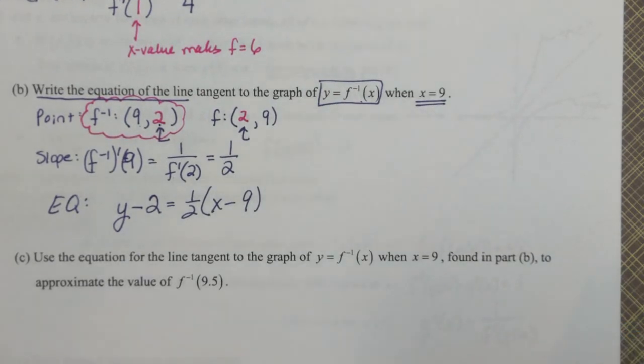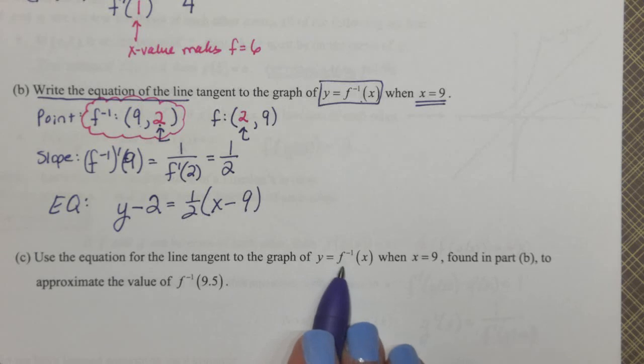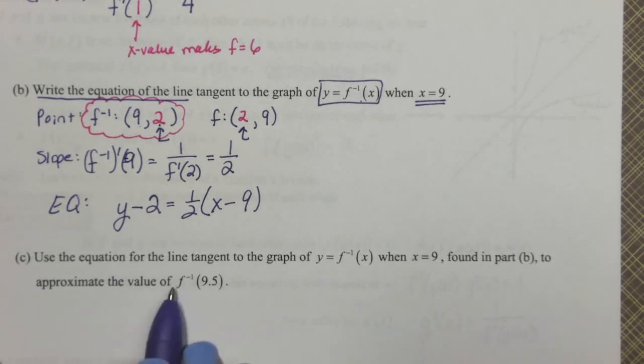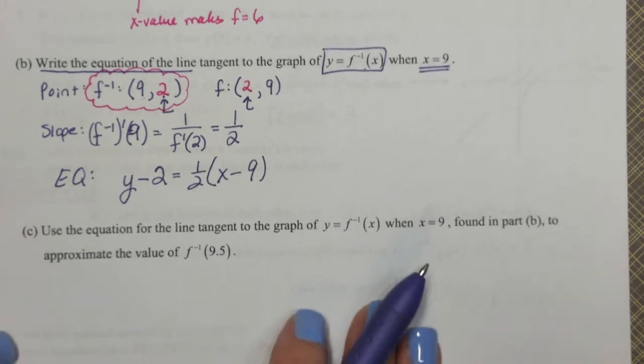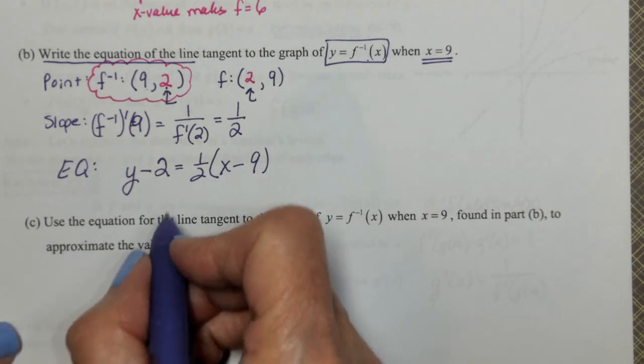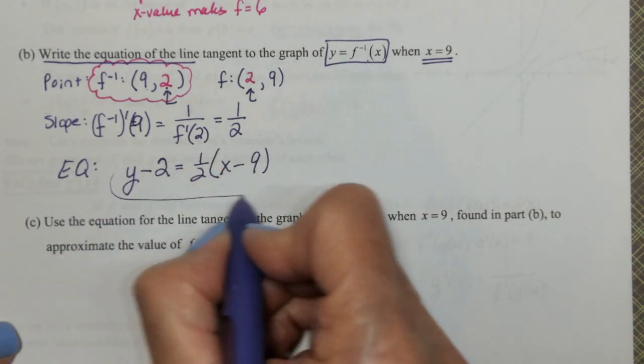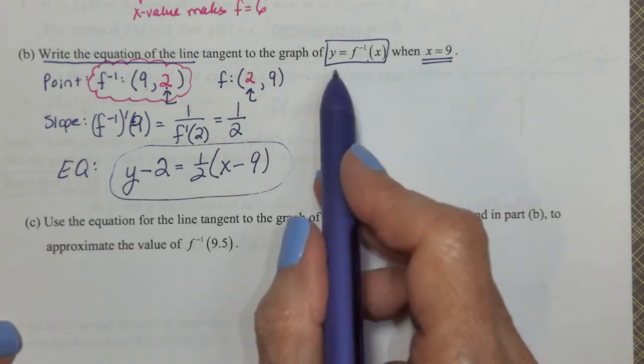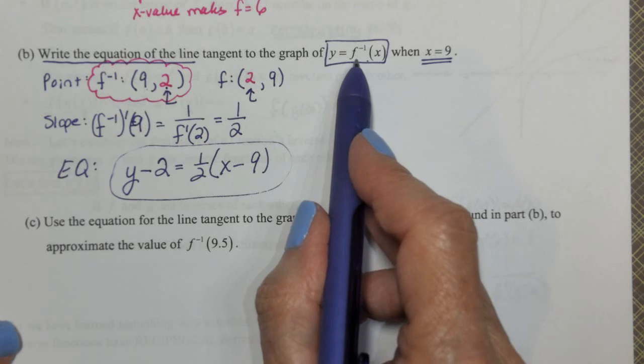The last part of this says use the equation of the line tangent to the graph of f inverse when x is 9, found in part B, to approximate the value of f inverse at 9.5. Well, this equation that we found in part B represents an approximation for f inverse of x.